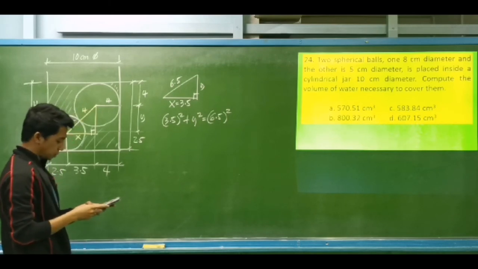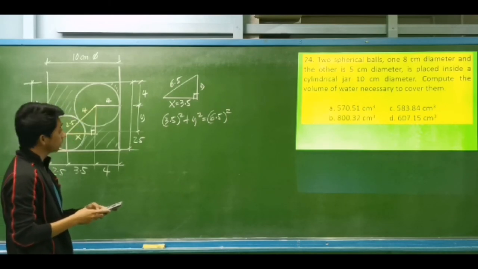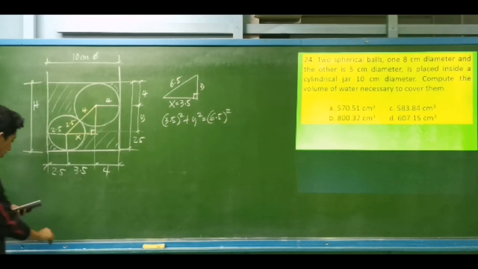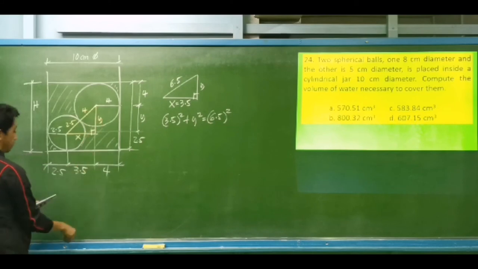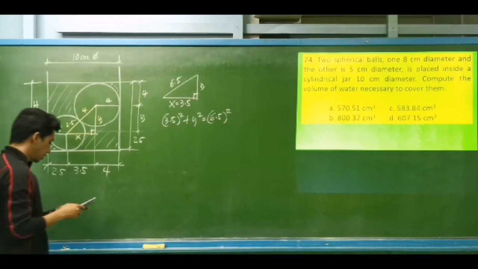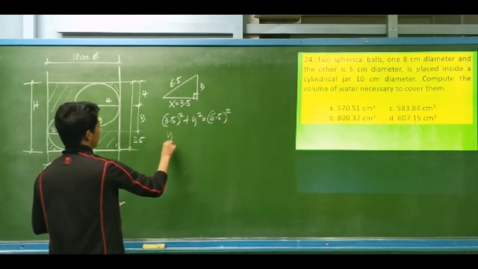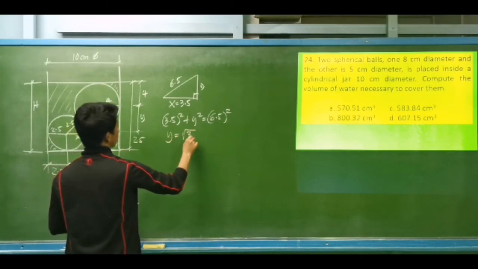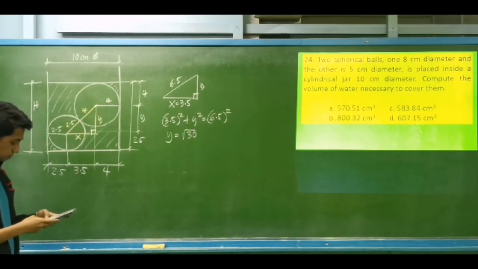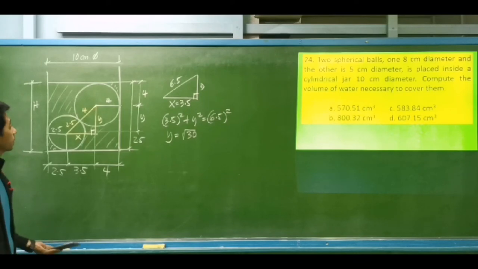So that is 6.5 squared minus 3.5 squared. Alright, so ito yung y. Then square root. So yung lumabas dito is the square root of, yung y is the square root of 30. A square root of 30.